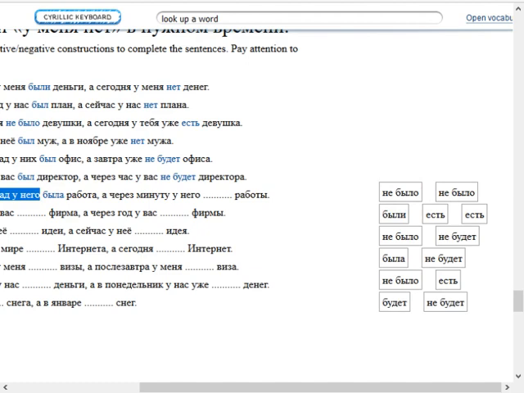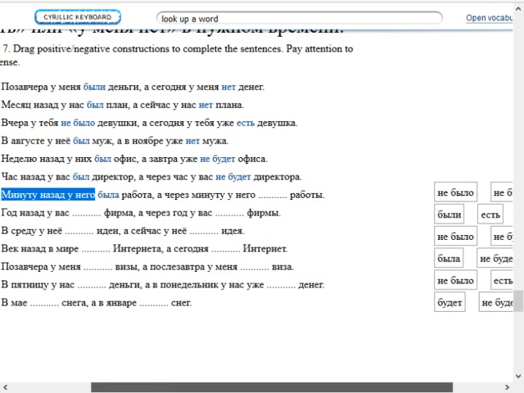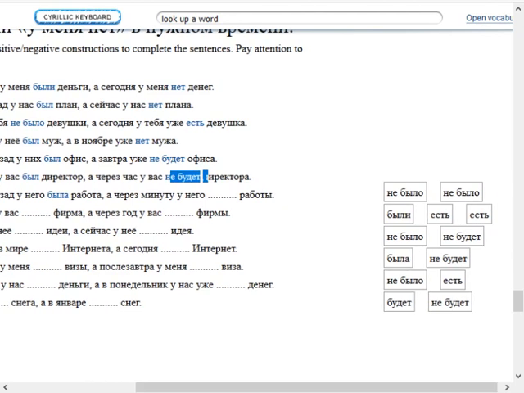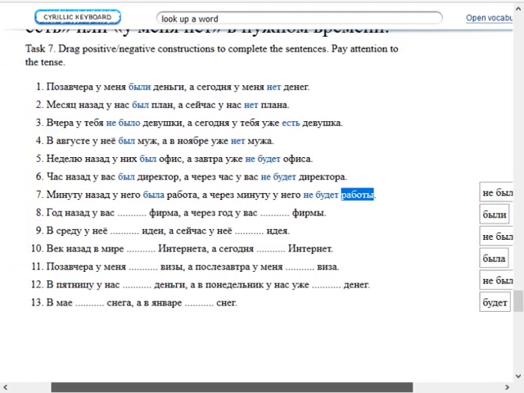Через минуту у него, again, it's going to be once again не будет работы. And here it becomes работы because работа is feminine, so работа becomes работы in the genitive case.